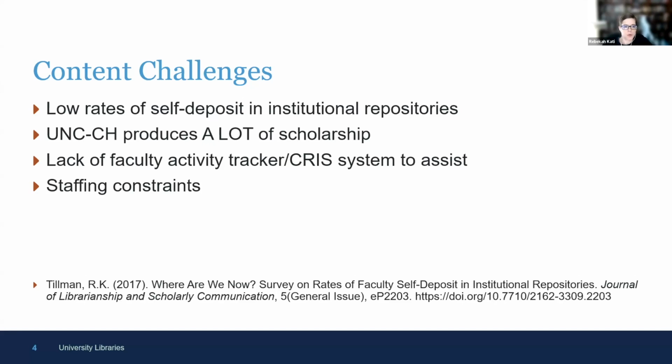A lot of universities will use tools like a faculty activity tracker to connect to their repository. We don't have that at UNC. It's something that has been discussed at the institution level, and it just hasn't happened. So we don't have that available.